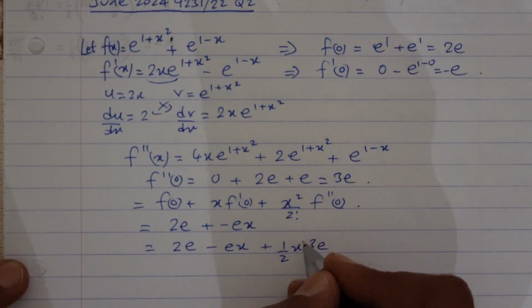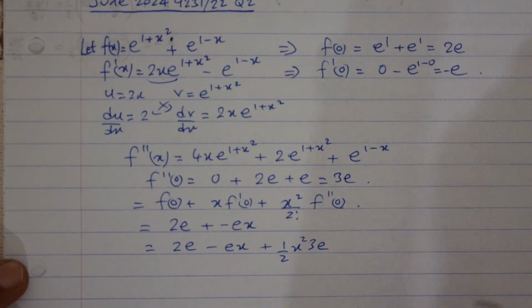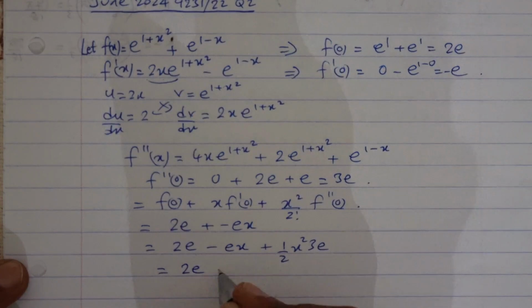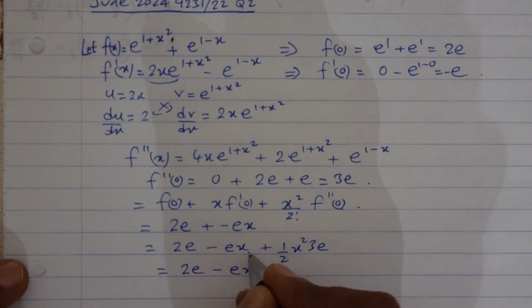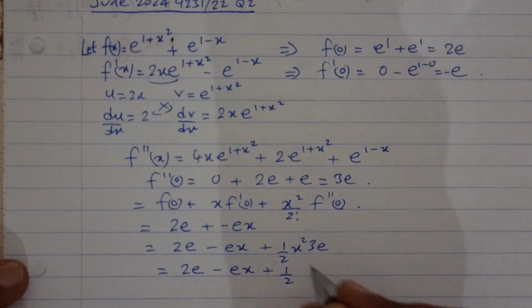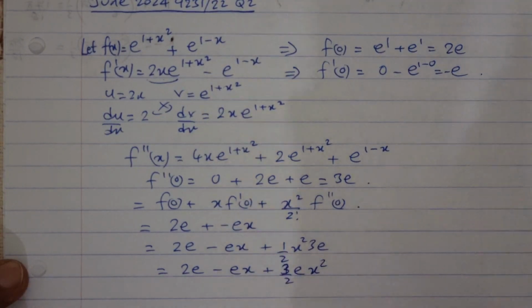Maybe I'm going to say the variable x is afterwards, in the second position, e in the first position. So I'm going to say this times 3, and then e times x squared. So here we are.